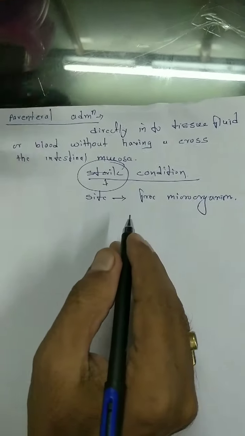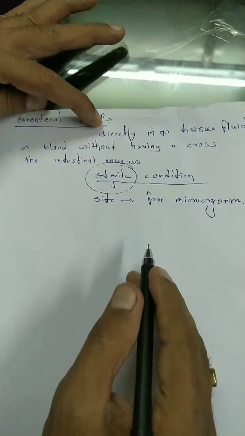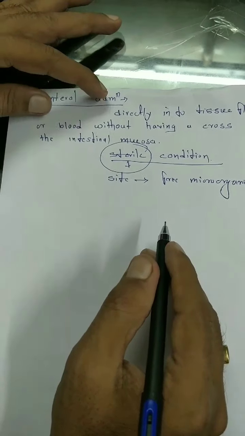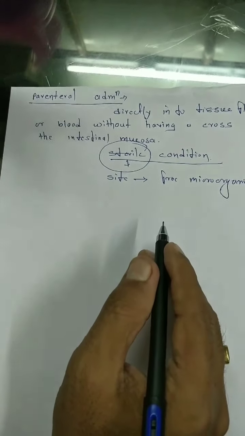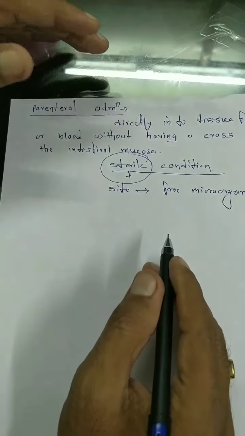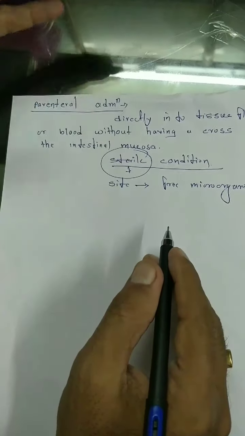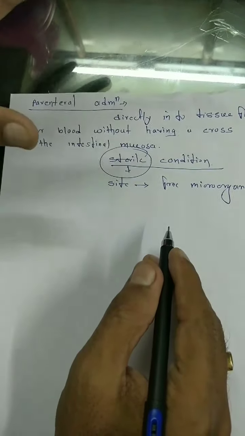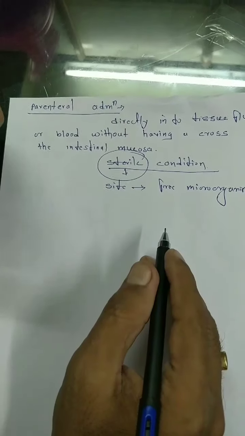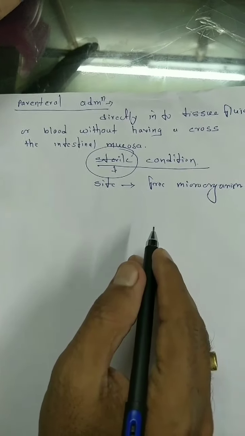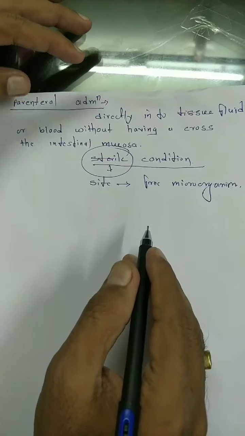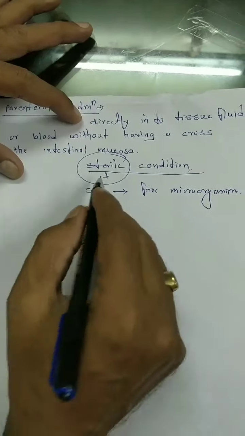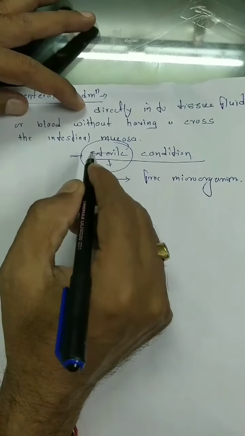Nowadays you can use the available use-and-throw syringe every time. That's why the syringe should be sterile when you apply at any part of the body. For example, intramuscular, you apply 70% alcohol and then administer the drug. It means maintain the sterile condition.